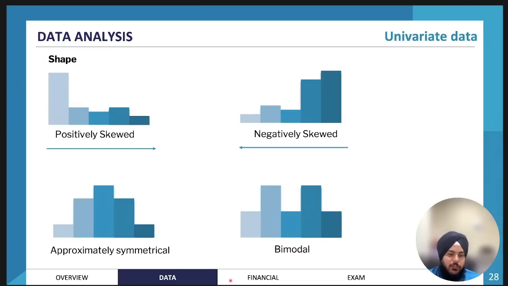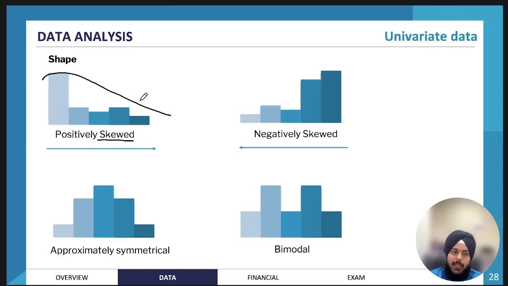What positively skewed literally means is we have most of the data skewed. Skewed just means literally where the data is sort of ending. Let me redraw that. If we look at the positively skewed data, we have most of the data concentrated on the left-hand side and only a little bit of data on the right-hand side.